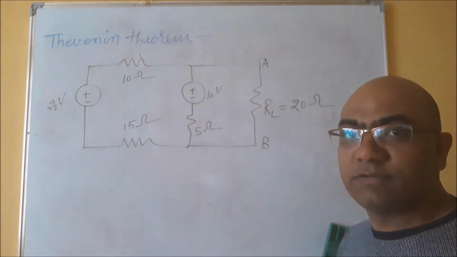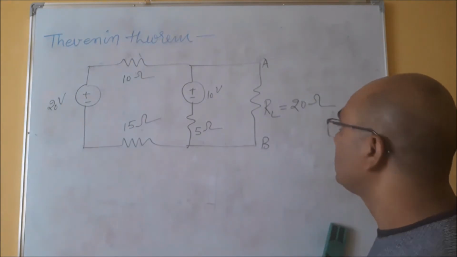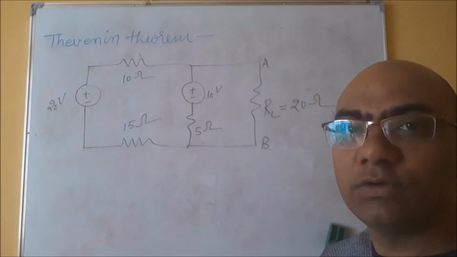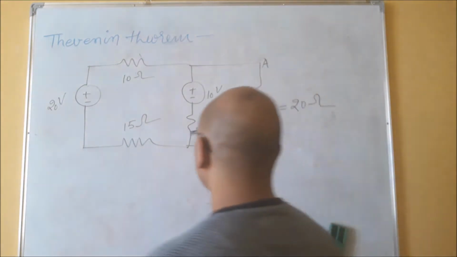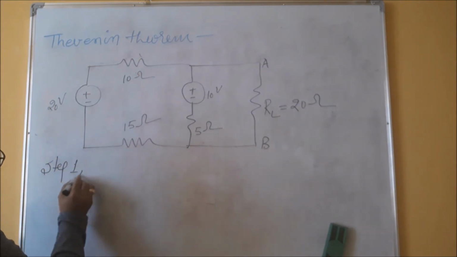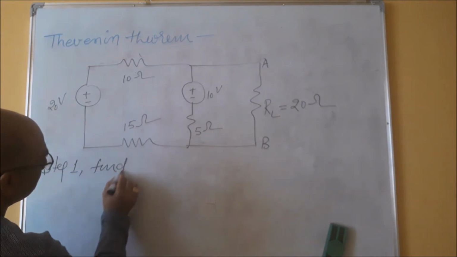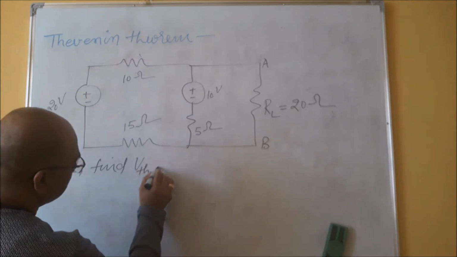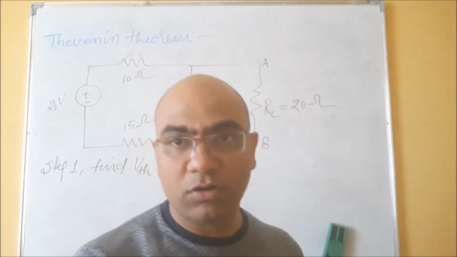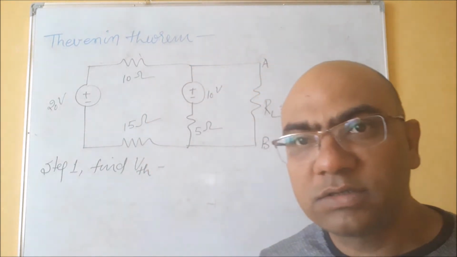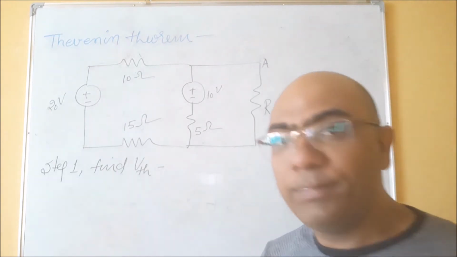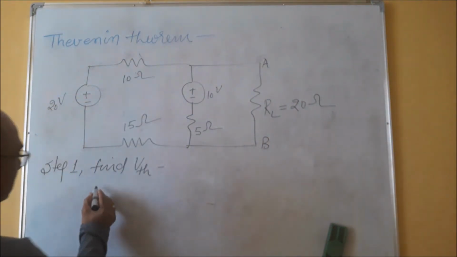So let us start with the first point. What is the first point? Step 1, to find the value of VTH. So for getting the value of VTH, first we will draw an equivalent circuit from this circuit. So what will be the circuit?